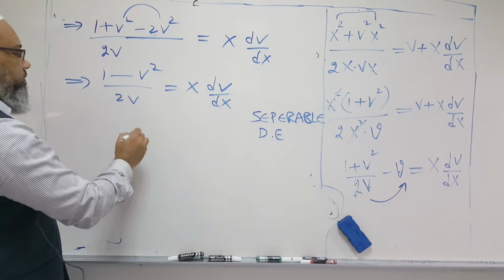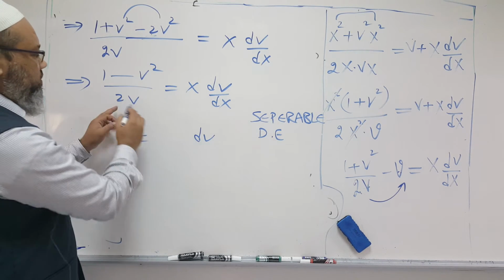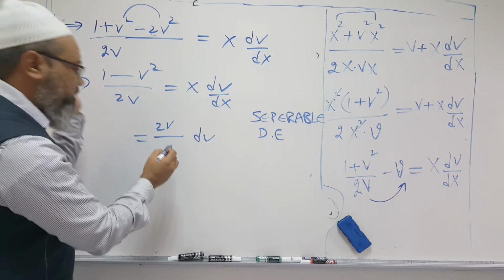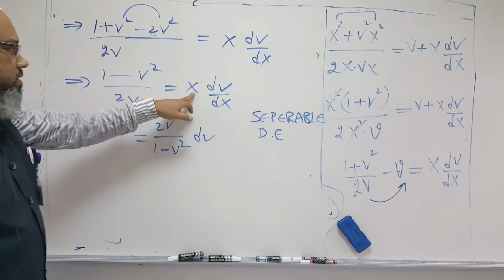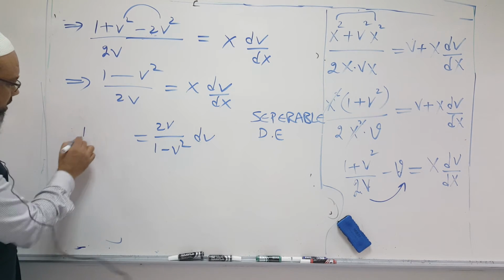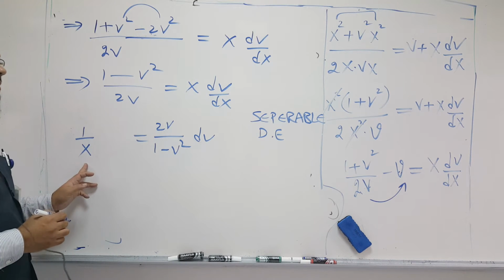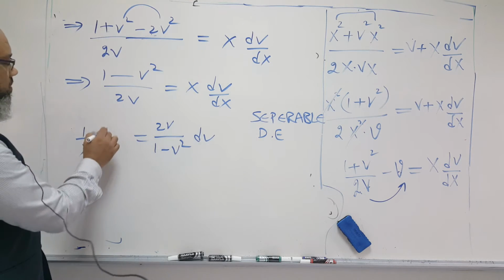So what happens there? Dv, just send this to the other side. It is in the denominator, go to the numerator. It is in the numerator, that goes to the denominator. So this x, bring to this side, that means 1 over x. Because it is in the numerator, it comes to the denominator, 1 over x. Dx is in the denominator, so it goes to the numerator.